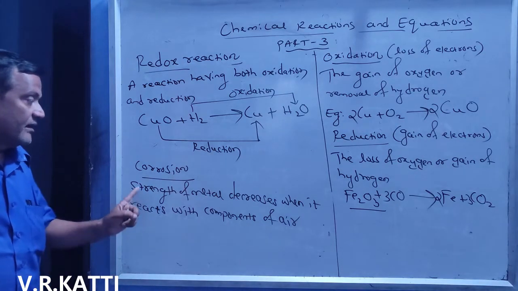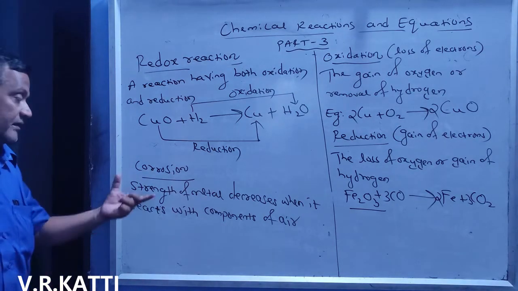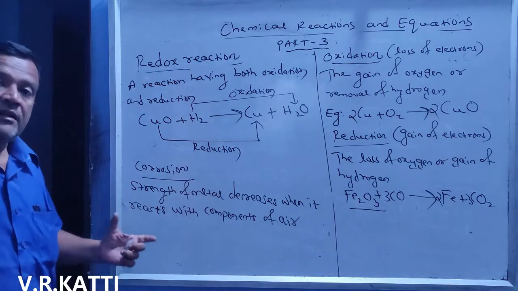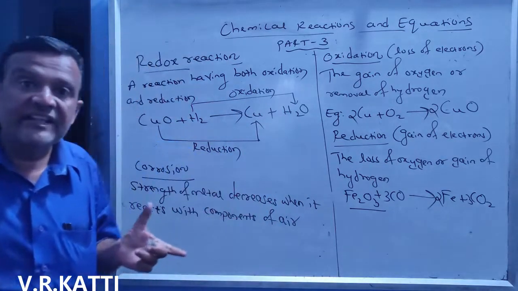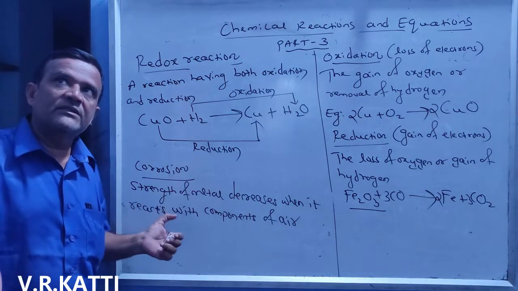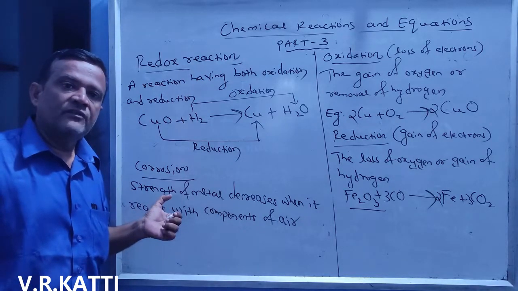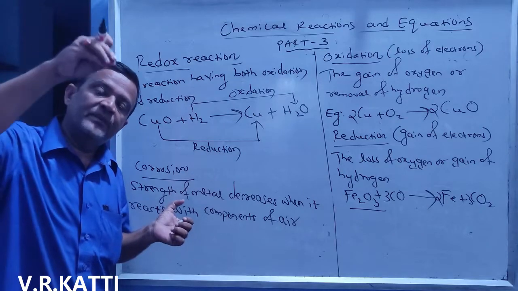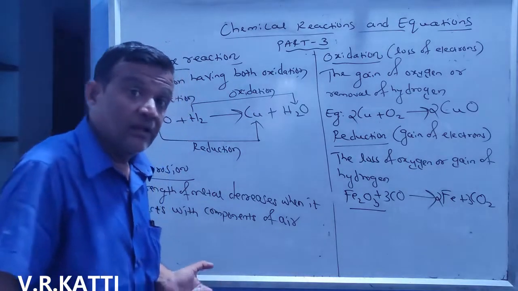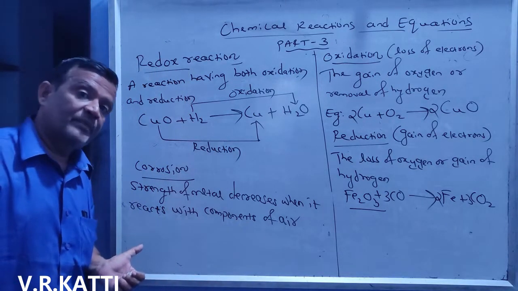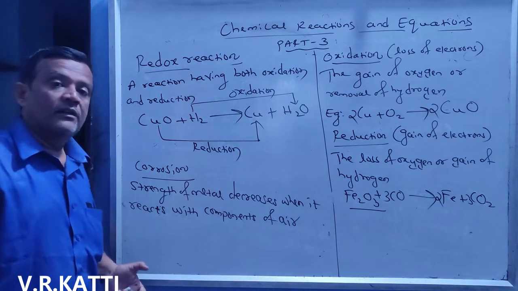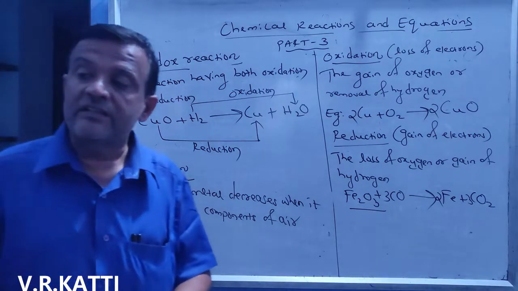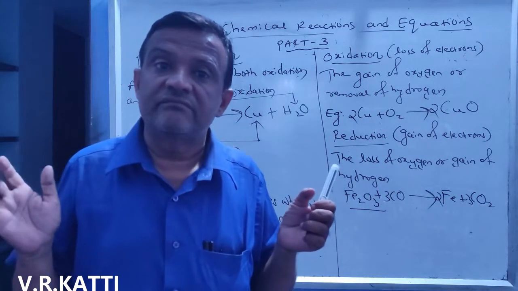So that is corrosion, rusting of iron. A greenish layer formed on the copper surface is also corrosion. Copper reacts with carbon dioxide and forms a carbonate deposited on the copper. That is also corrosion.